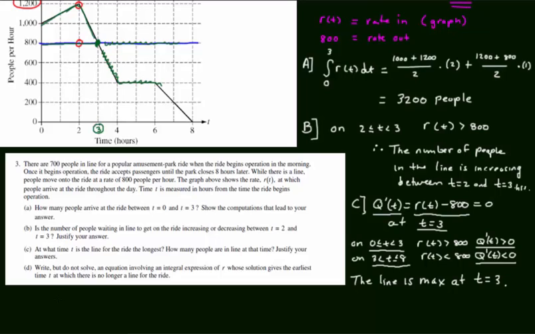We are also asked to find how many people are actually in the line when it is max. So how many people are in the line at time 3? Please remember to consider how many people were in the line when we first started. Q at 0.